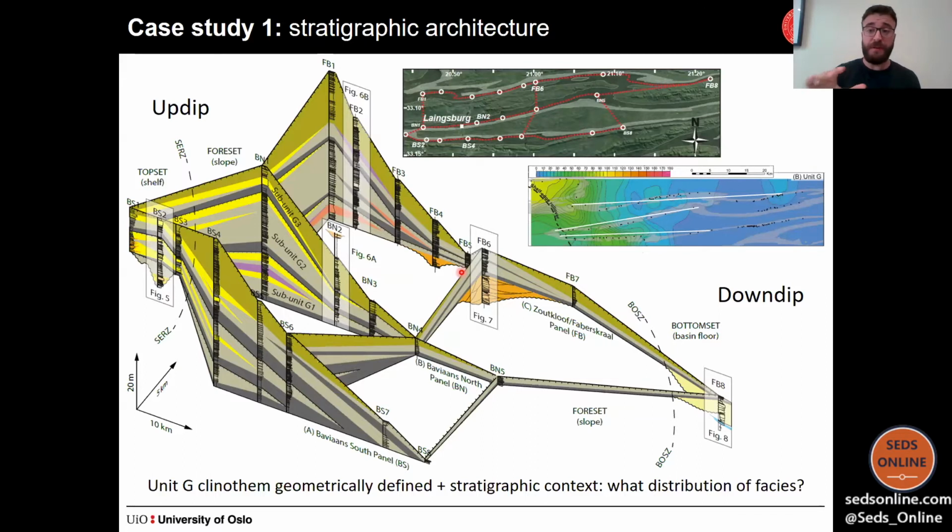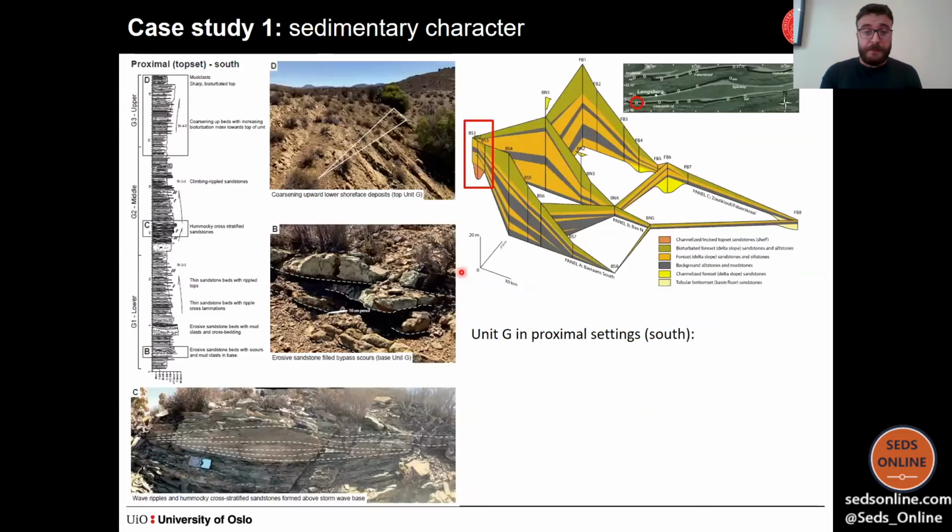Now I'm going to show you in detail some of these deposits along different parts of the unit. So here you will see in the next slides the correlation panel with the location of each one of the logs and also the location in the map. So you will get oriented about where in the unit I'm talking about.